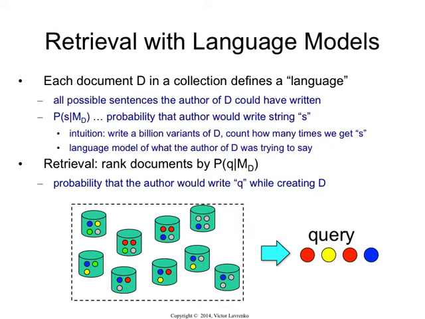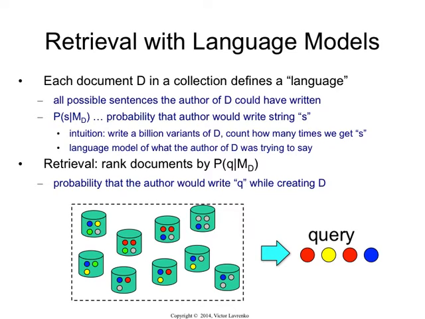And then we're going to compute the probability of the query being observed as a random sample from each one of these language models. So every document is a little probability distribution, a query is an observation, and we're asking the question: from which probability distribution did this observation come?